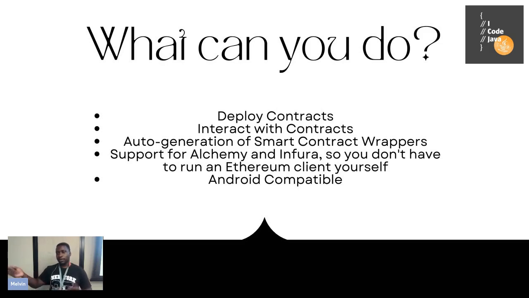So the balanceOf method that is on ERC20 contracts can be compiled into a Java file, and then you can just call that in Java and get the balance of a certain address. You can transfer it to a certain address.